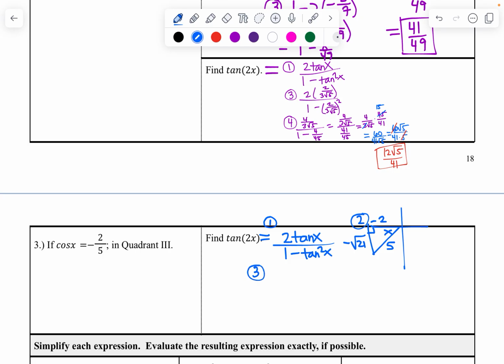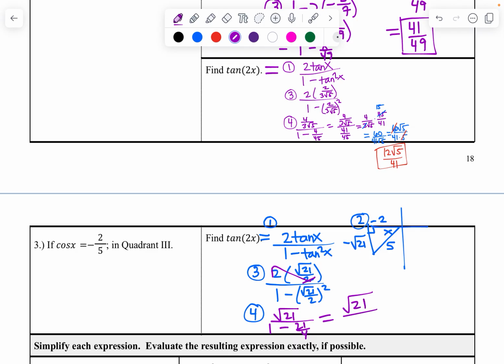So if we plug into our formula, the tangent would be negative square root of 21 over negative 2. So it'll just be square root of 21 over 2. And then 1 minus that squared. And then we simplify. So here, these 2's will divide out and just leave me with square root of 21. In the bottom, I've got 1 minus 21 over 4.